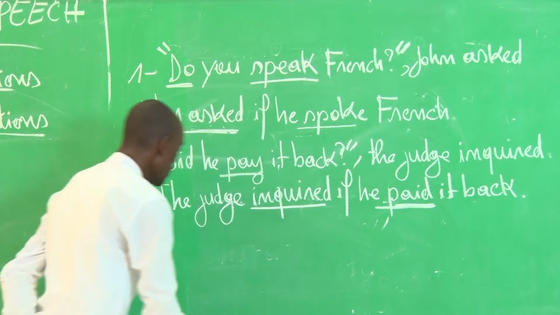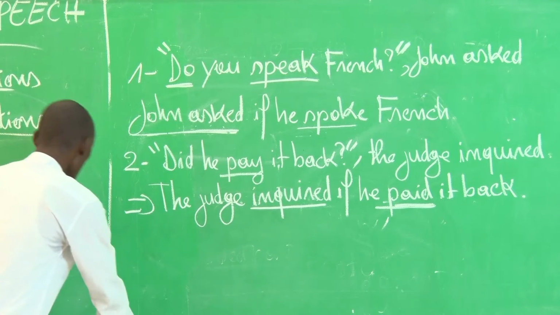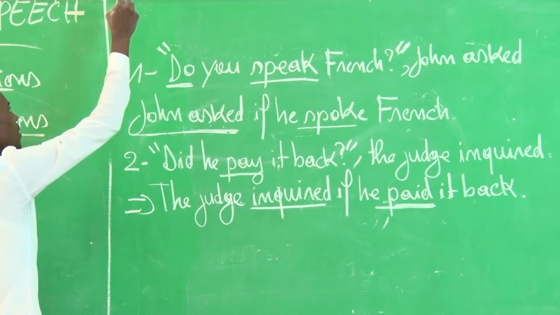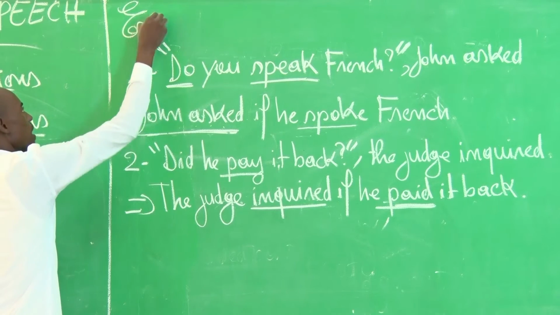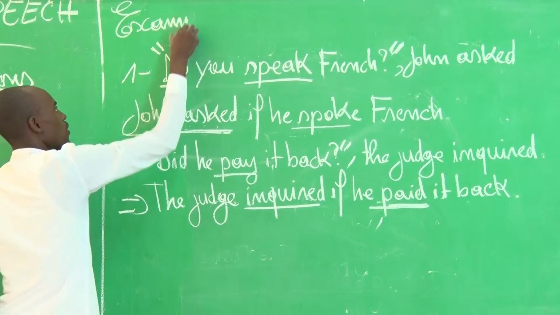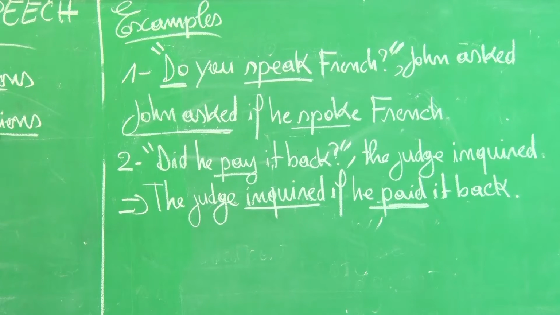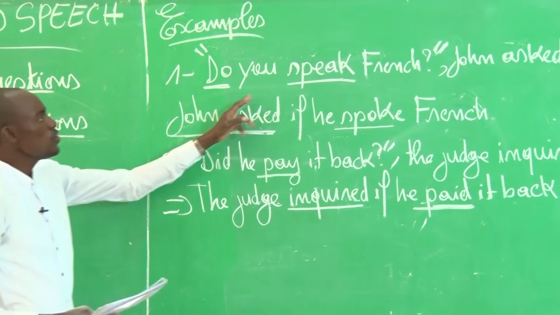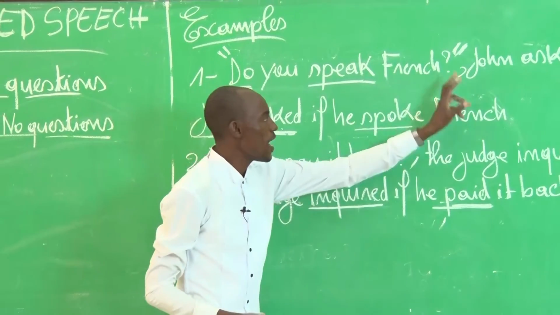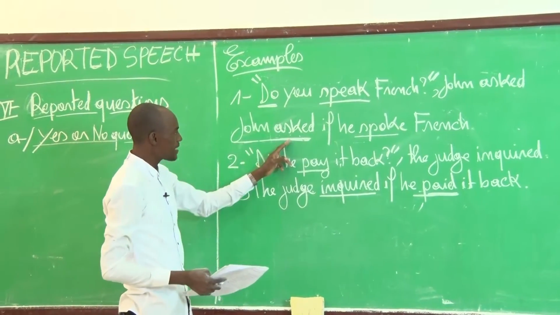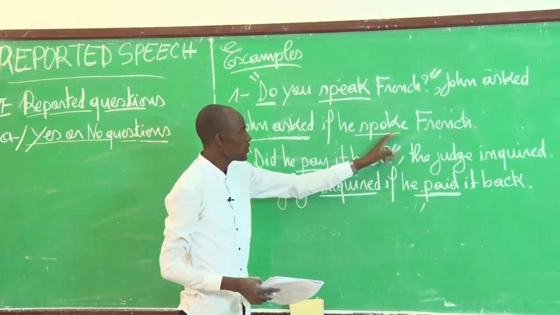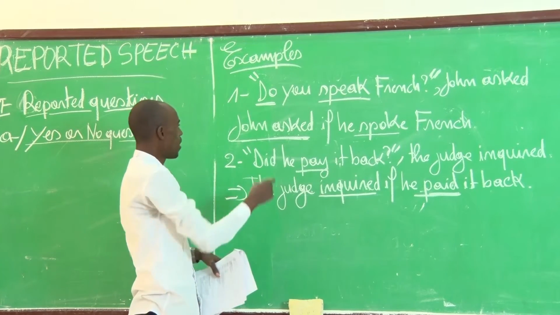Now, what did we remark? You can take these sentences as examples concerning yes or no questions. Here we have, do you speak French? John asked if he spoke French. What can we remark?